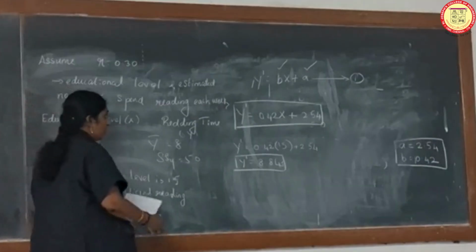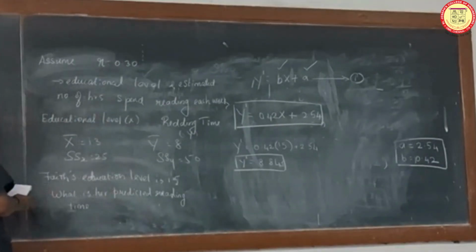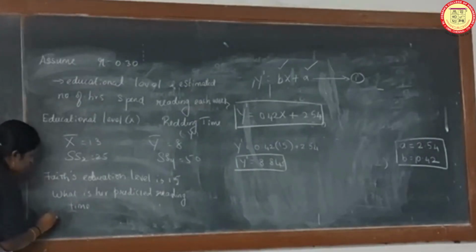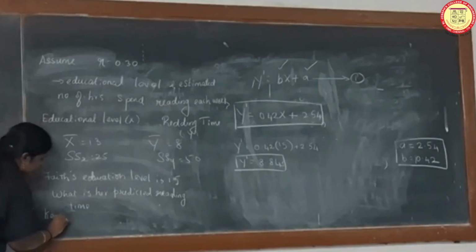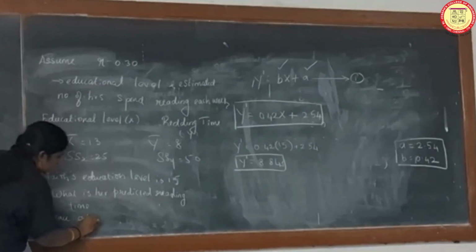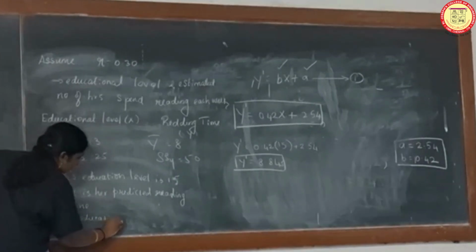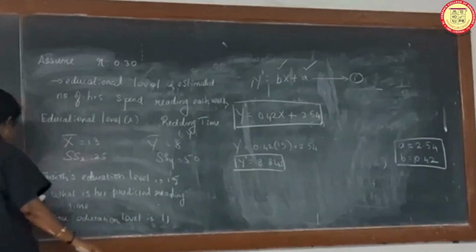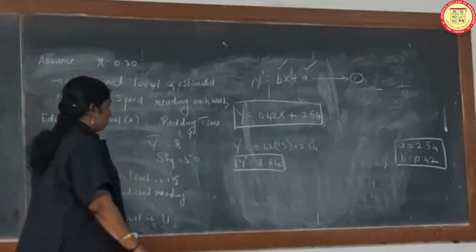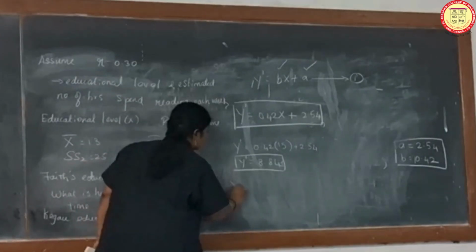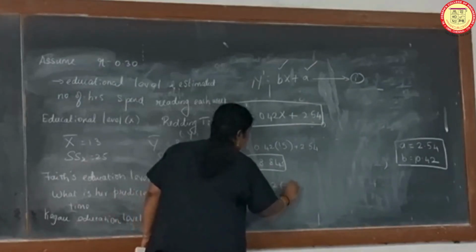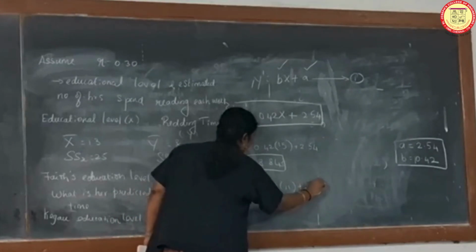And also one more problem: Kagan's education level is 11. What is his predicted reading time? You simply substitute y dash is equal to 0.42 into 11 plus 2.54.